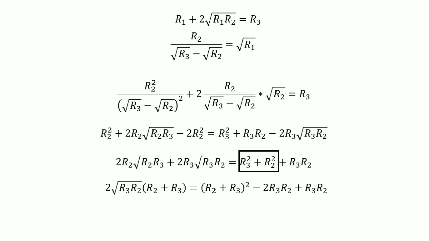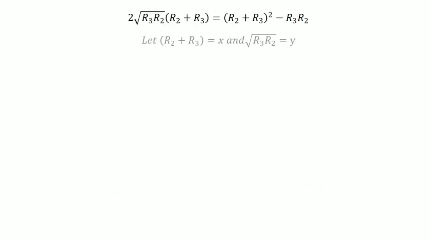Now write it in a simpler way. Now let r2 plus r3 equal x, and under root r3 times r2 equal y, and substituting the values, we have 2yx is equal to x square minus y square. So we have 0 is equal to y square plus 2yx minus x square.